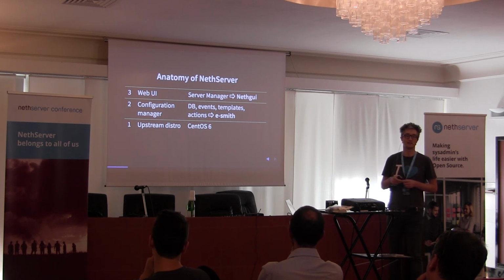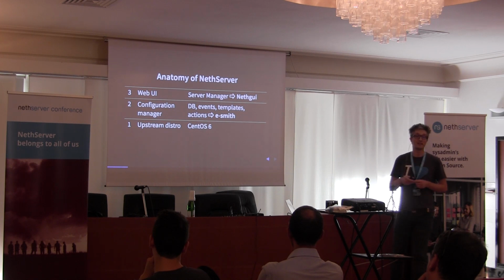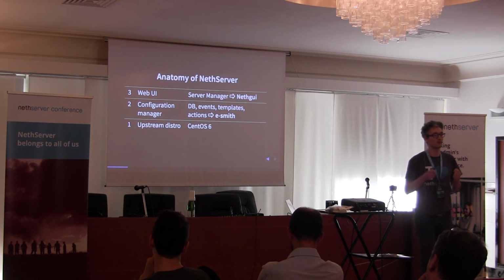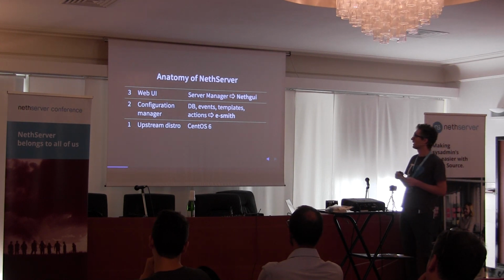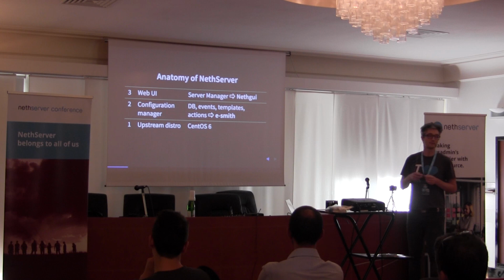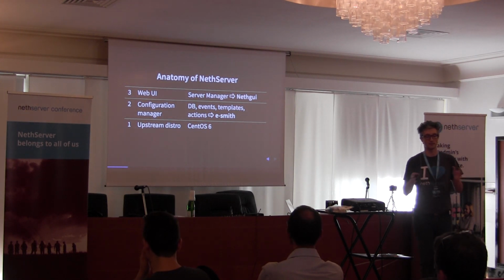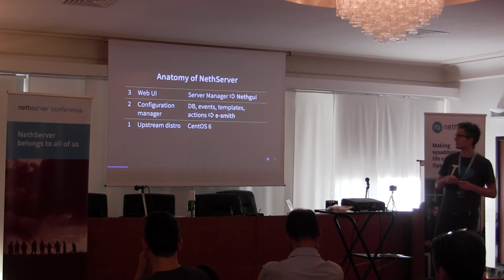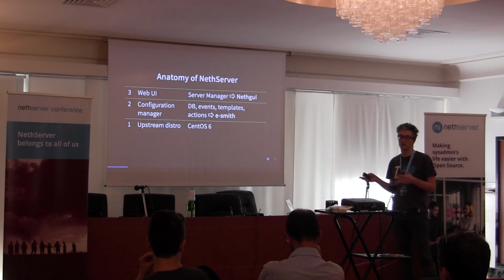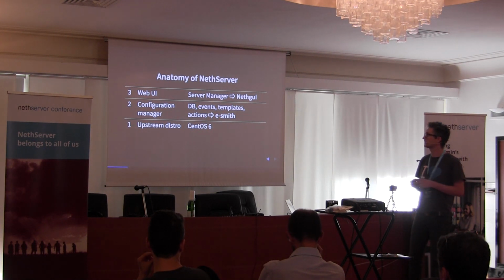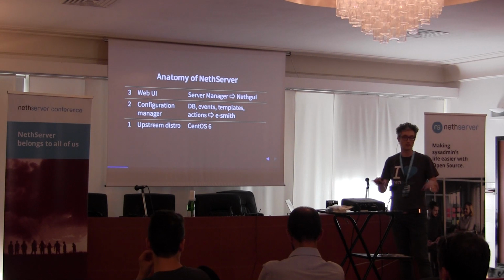And this is the Smith library that we inherited from the NethServer project. And it has the database of configuration and events, templates that write configuration files for individual applications, and the actions that are Perl, Python, Bash scripts that move the things.